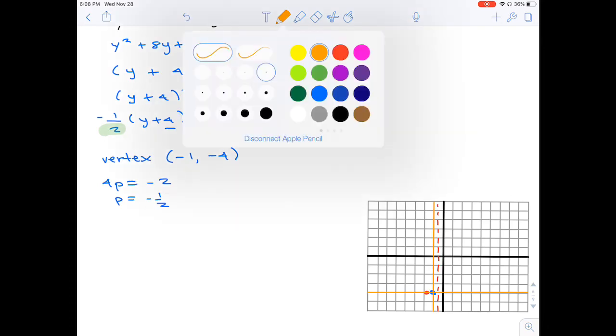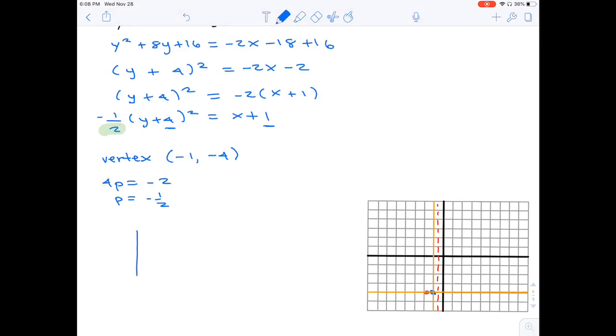And I'm going to make my table. Again, being careful, it's horizontal, so I have to use y values. I'm a little concerned about where it is, so I'm going to use a little bit smaller numbers: negative 2, 0, 2.